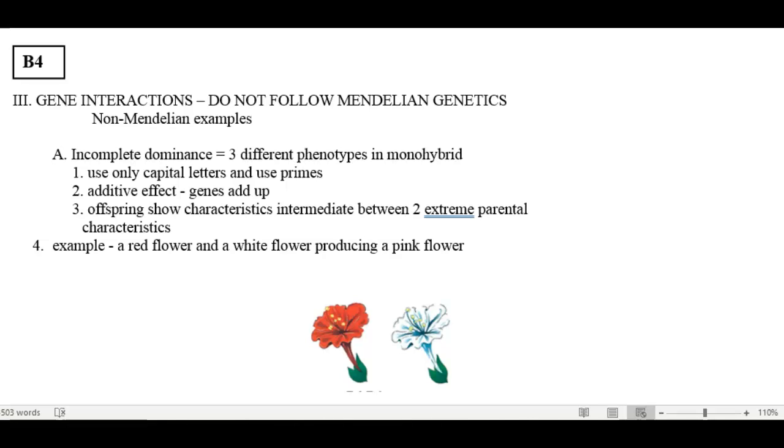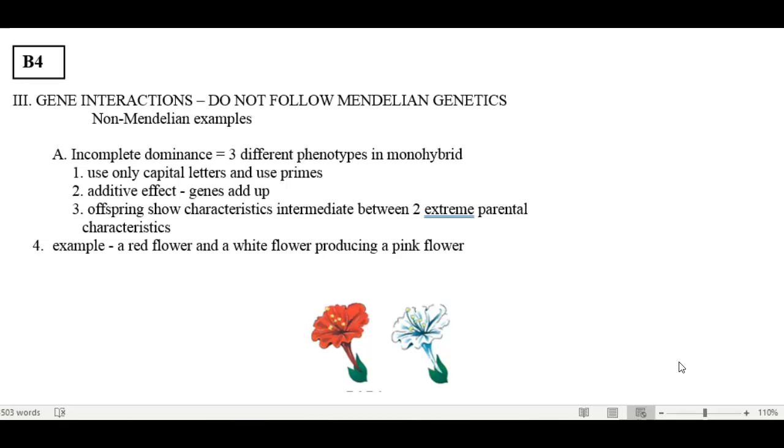Our next example that we're going to look at is called incomplete dominance. In this case, we're going to have 3 different phenotypes in the monohybrid. So we're going to have red and white, and then they're going to produce pink. We use only capital letters, and use primes, and I'll show you what I mean by that.